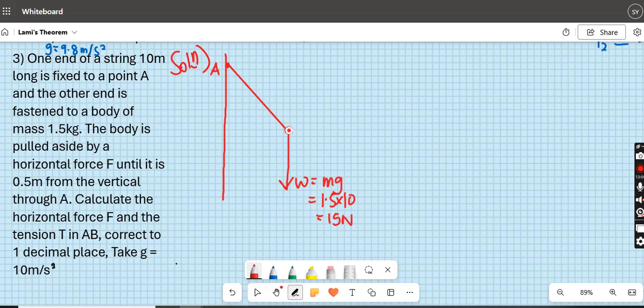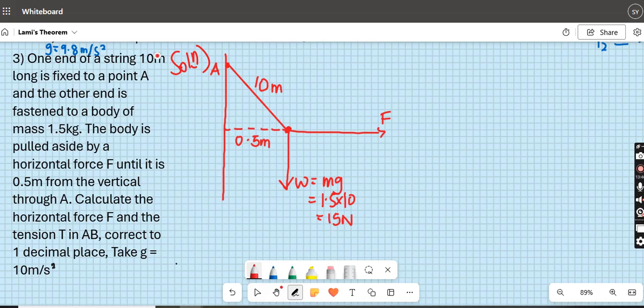Now the body is pulled aside by a horizontal force F until it is 0.5 meters from the vertical through A. So that means that it is pulled aside until it's 0.5 meters from the vertical. We are told that the string is 10 meters long.